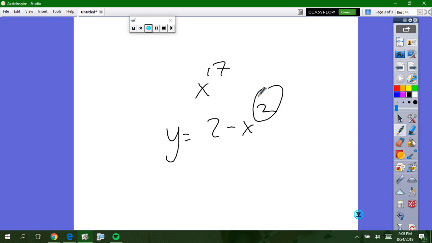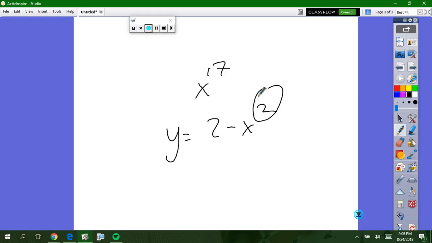Now, this is an x squared, so that's an even function. Looks like this, right? Yes, because it's even, but no, because what's my leading coefficient? Negative. What does that do to my graph? Boom. Right? So knowing our degree and our leading coefficient, we kind of have the shape of what the graph should look like.